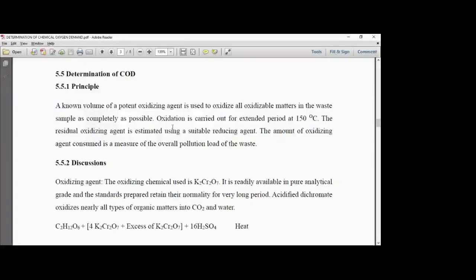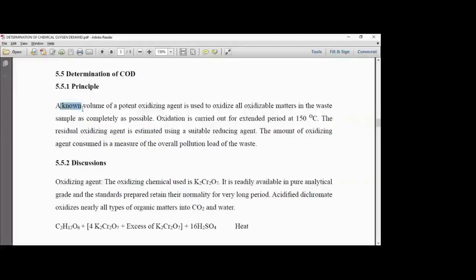The residual oxidizing agent is estimated using a suitable reducing agent. This sentence is very, very important, and if you understand it, along with the next two sentences, you understand the COD experimentation, right? So they are saying that the residual oxidizing agent is estimated.